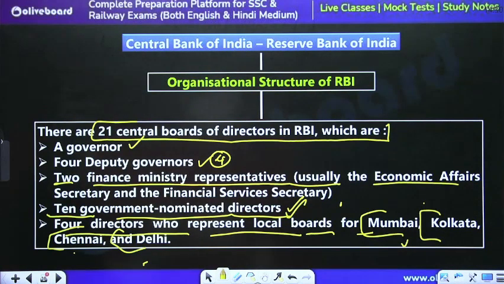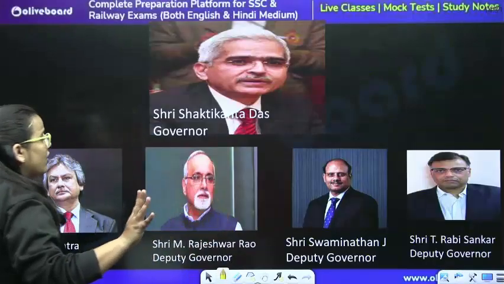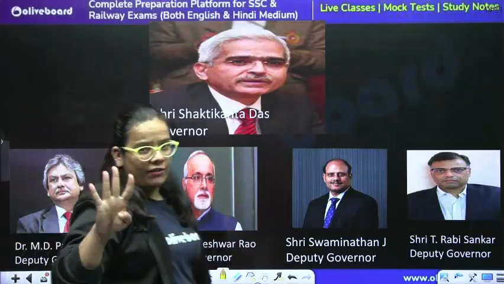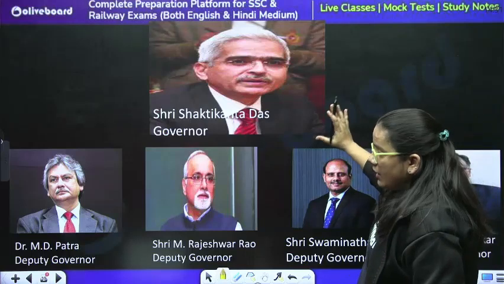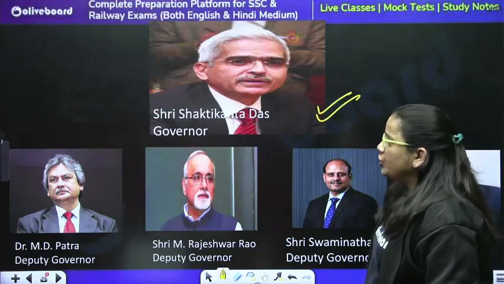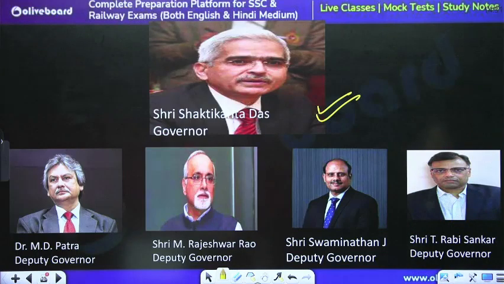Okay. Now, see. The 1 governor and 4 deputy governors. This is the main structural organization. In the recent scenario, Shri Shaktikanta Das is the governor of RBI.